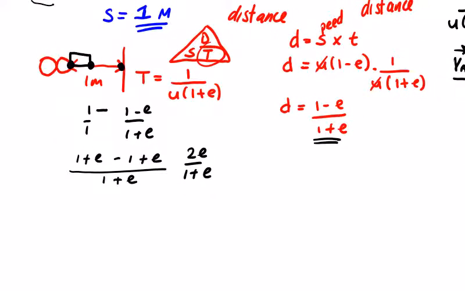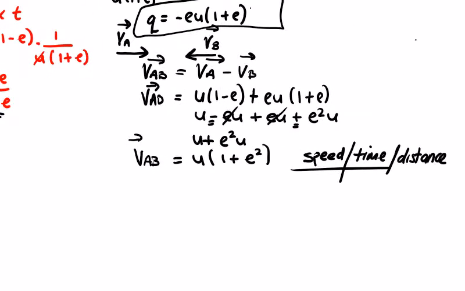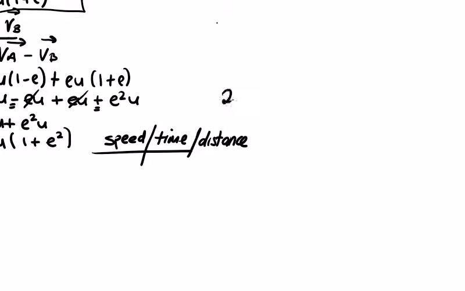No, it was this guy here, wasn't it? It was 2E over 1 plus E. That's the distance they are apart when they hit the wall. So when they connect next, they're going to have traveled that distance. If they're that far apart and they connect somewhere here, this one plus this one will always be the same as the full distance.